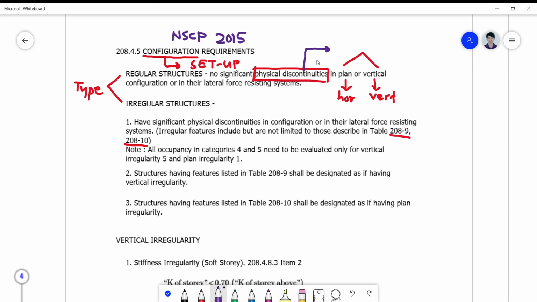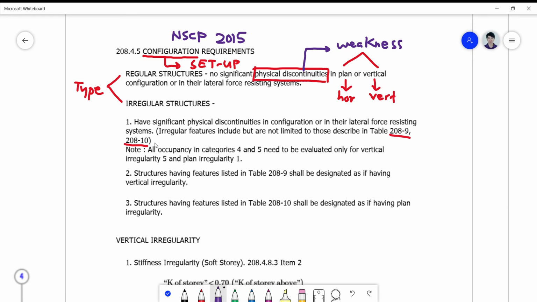No, when something is not continuous, then there is weakness. Okay, so discontinuity will create weakness to your structure. So if there is any physical discontinuity, then the structure will be irregular. And for the irregularity consideration, we have to find out what particular irregularity is manifested in the setup or configuration of your structure.